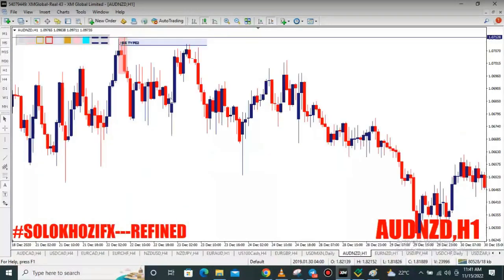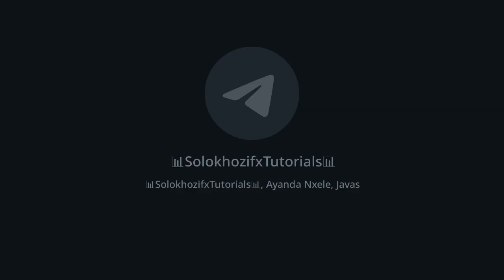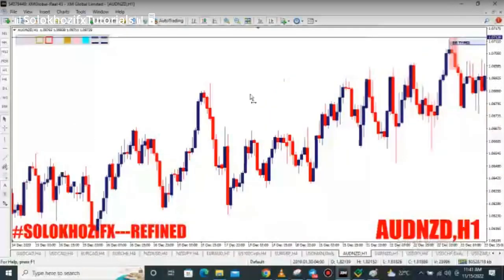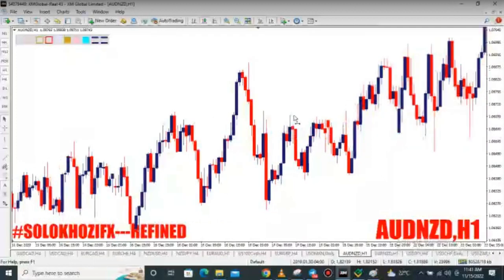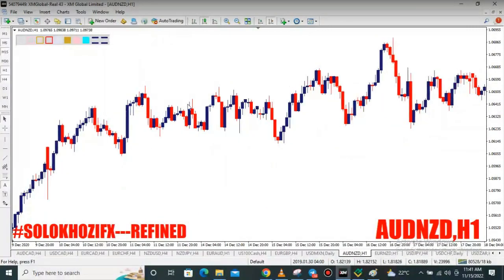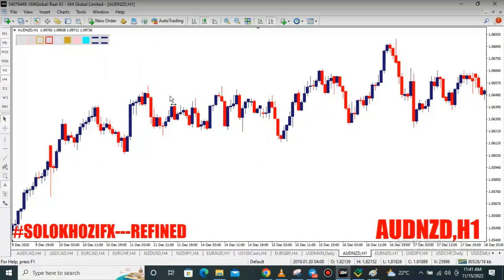As I've said, these are not very easy to find, but when you spot them, most likely they don't fade. They hardly fade. I'm not saying they're 100%, but they hardly fade.